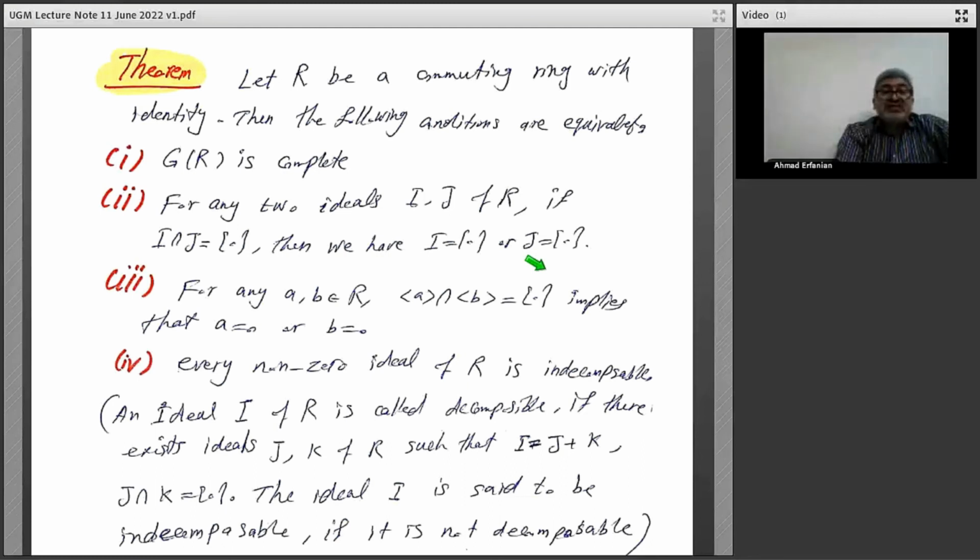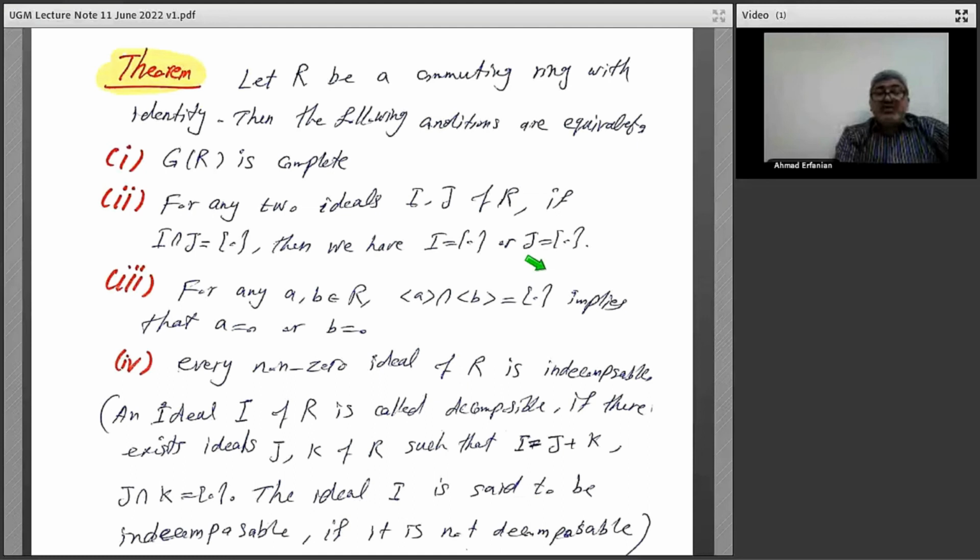For example, you can see in this theorem that these conditions are equivalent. The graph is complete is equivalent to: if we take two ideals I and J and the intersection of I and J is 0, then one of I and J is 0.